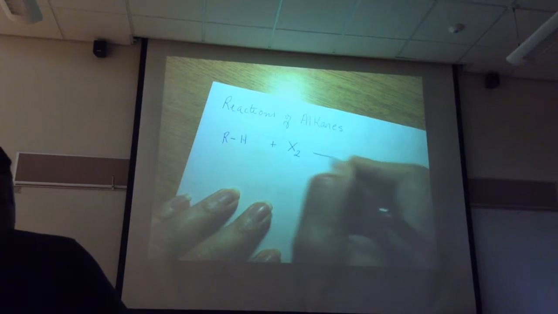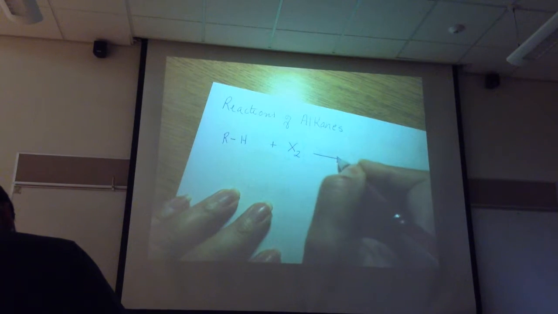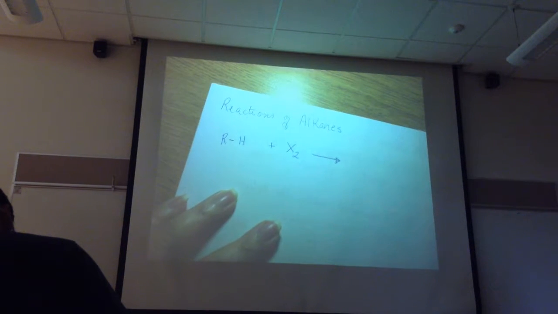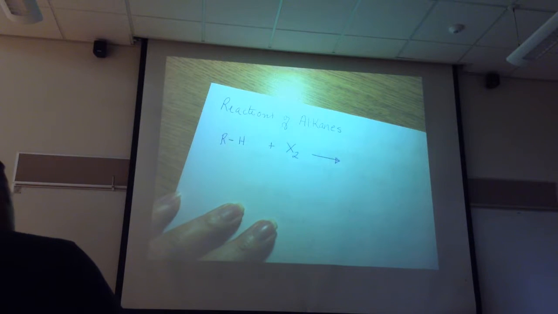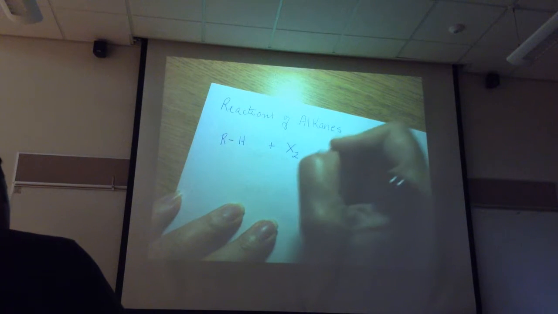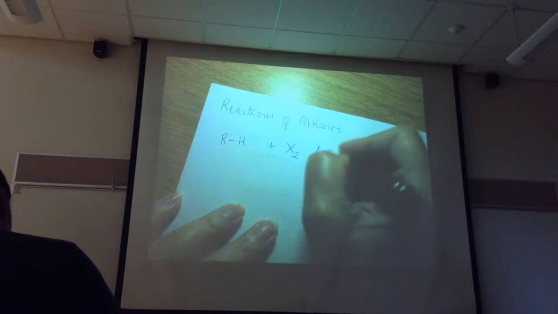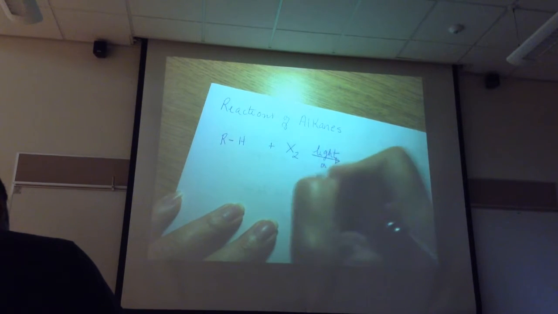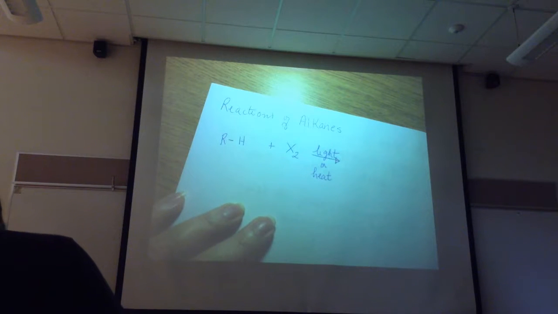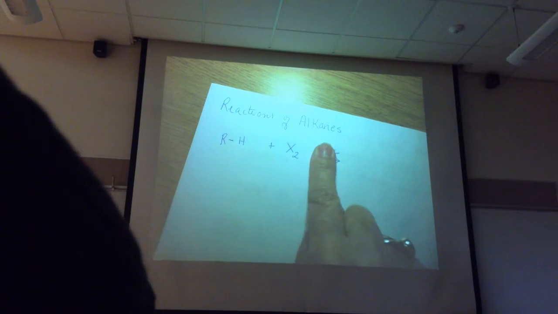This reaction will not occur in the dark or in the freezer. In order for this reaction to occur, you either need to apply light, UV light, or you have to put it in the oven. Otherwise, it doesn't work. Plain English, if you don't see that, there will be no reaction. Is everybody there?